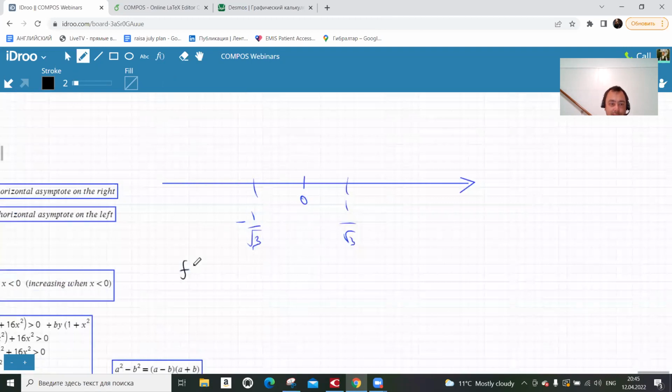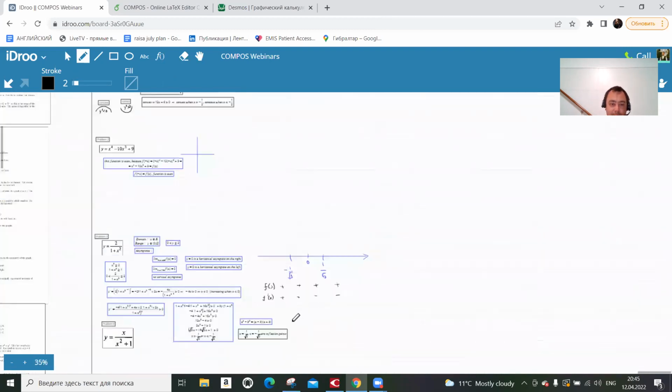And now what you need to do is analyze. So f of x, as we saw, is always positive. It's never negative. Then the first derivative: here it is positive, then it becomes negative and negative.